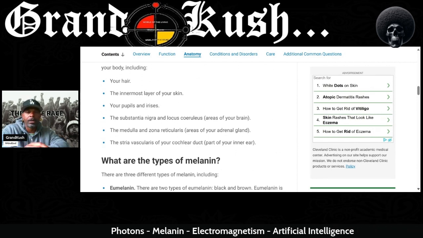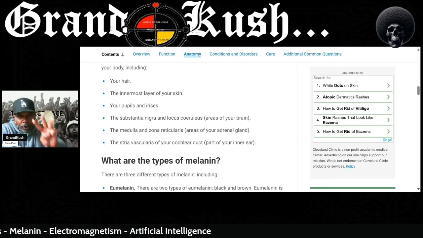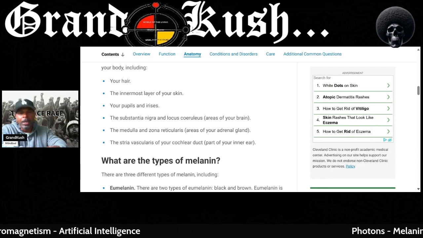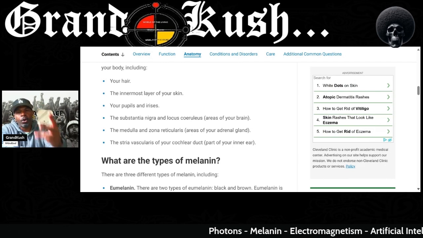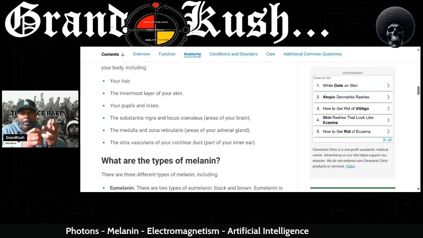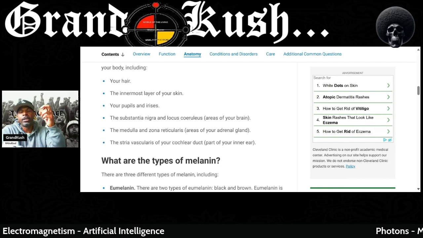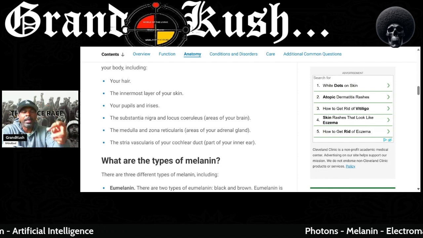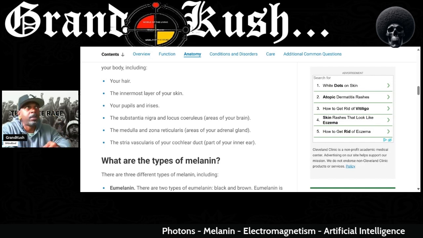Melanin. Okay. It will tell you there are only three types of melanin: eumelanin, pheomelanin, and neuromelanin. Okay. Neuromelanin, the black pigment in your brain, lesser degrees of neuromelanin causes mental dis-ease, right?